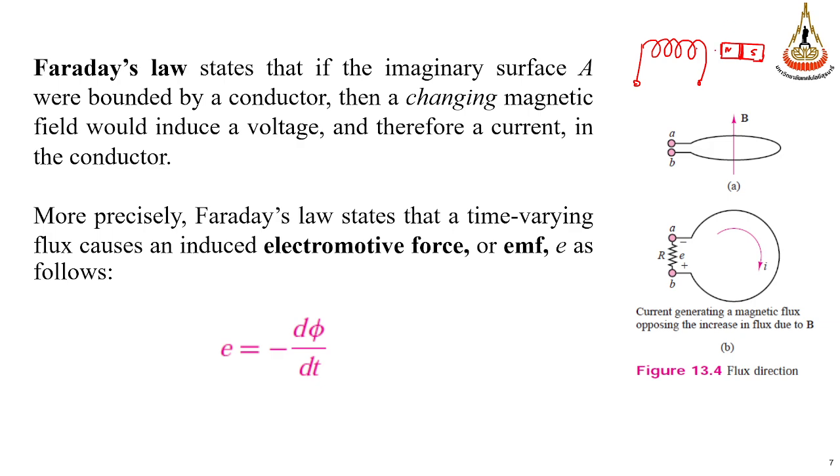But if we move this magnetic field, you will get a voltage. So the relation is d phi by dt.